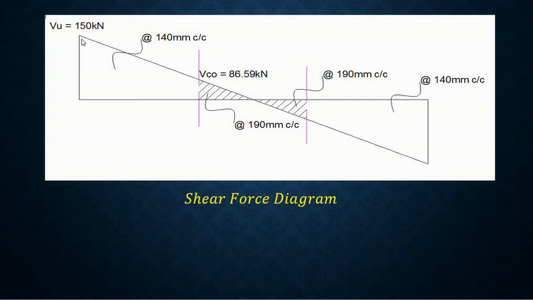So we have one big triangle: 150 by L by 2 is equal to 86.59 kilonewton by this length, which I'm considering as X. So by using similar triangles, 150 by L by 2 is equal to 86.59 by X. You will get the X value. Okay, hope you have understood. Thank you.